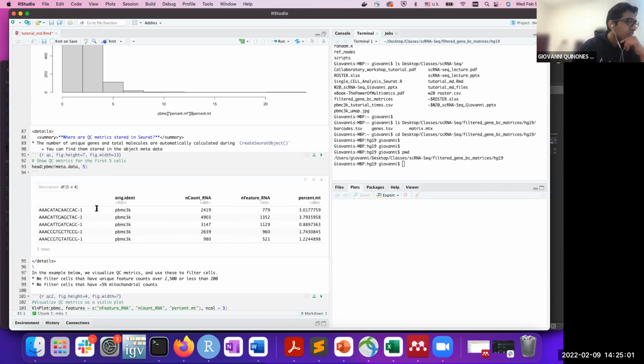If you print, you see that the different rows are different barcodes, different cells, and they're all coming from the same study. We have our RNA count, the number of unique RNA molecules. We have our feature count, which is the number of genes being expressed. And then we have our mitochondrial percentage, which based on this distribution should be mostly between 0 and 5%.